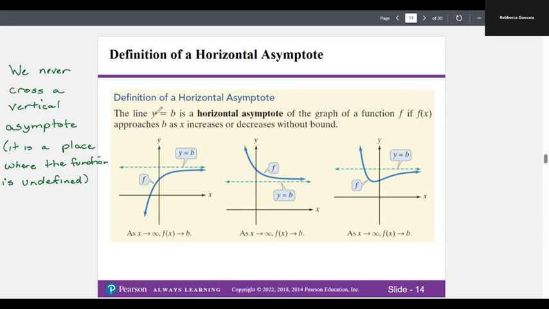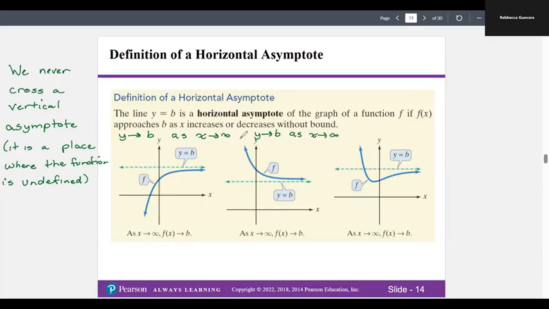So we have the line y equals b is a horizontal asymptote of the graph of f(x) if f(x), so that's your y, approaches b as x goes towards infinity. X values are going towards infinity, and we see that my y values are getting closer and closer to b.